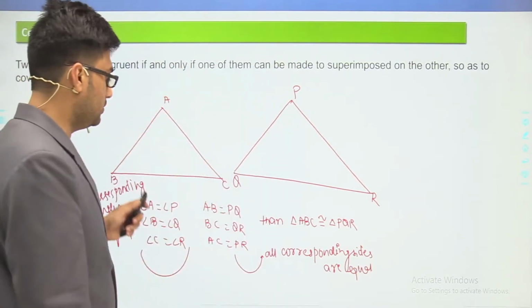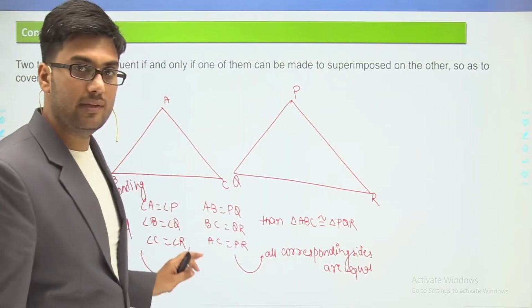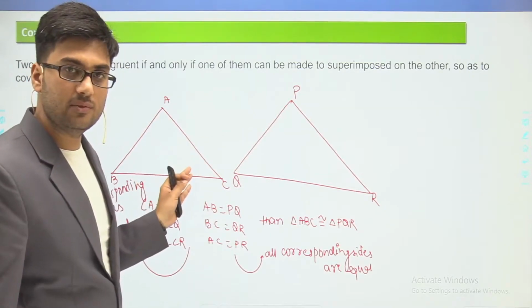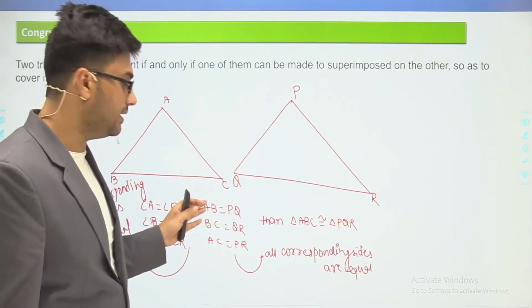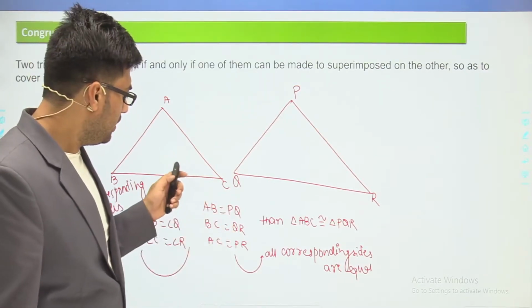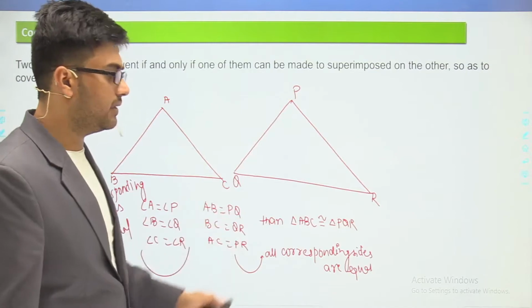Clear? So if all corresponding angles are equal, then these two triangles are in the same shape, and if all the sides are equal, then their area is the same. So now we can say that these two triangles are congruent.